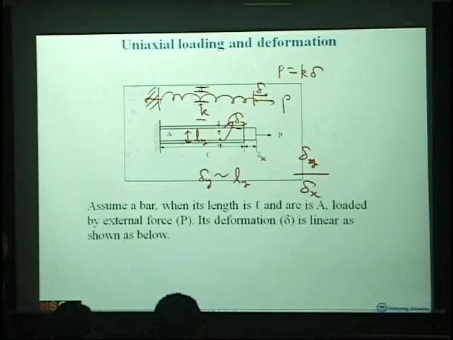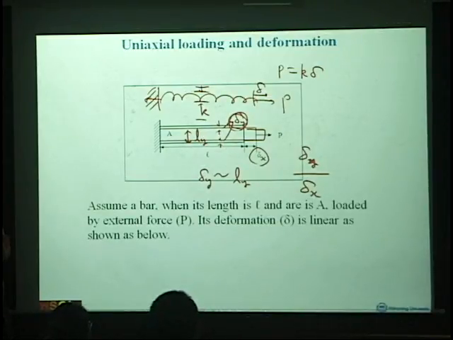this delta y is proportional to this deformation. That means if we have more deformation in the x direction, delta y will have more contraction. So we have to use the ratio between delta y and delta x.